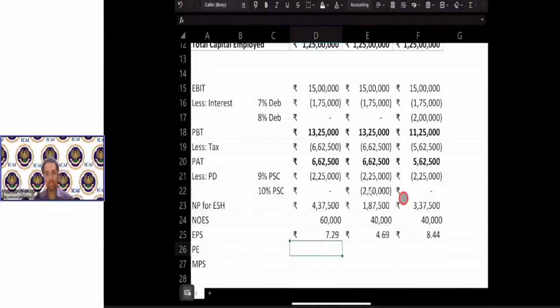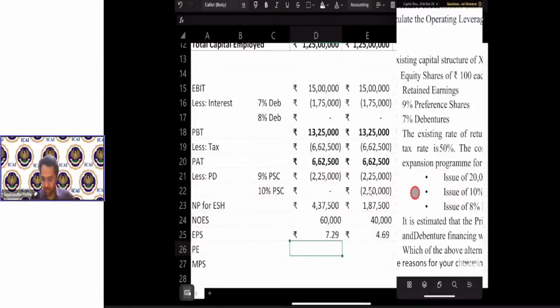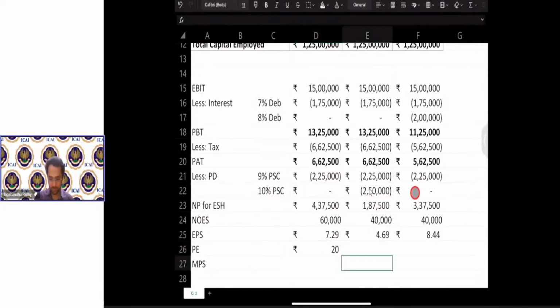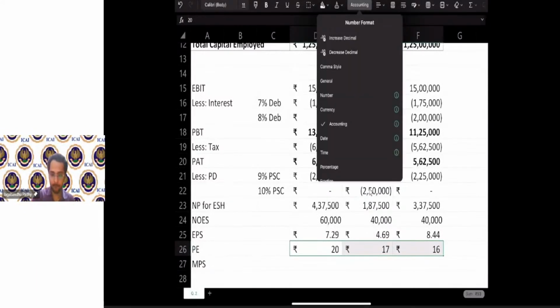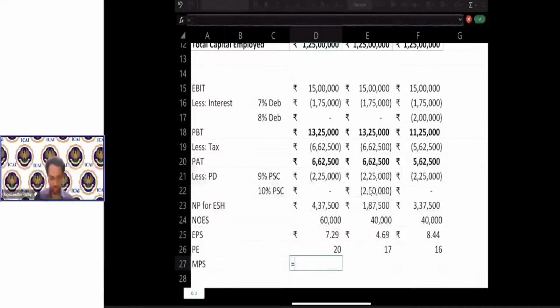But since we have been given the PE ratio, we have the information about the PE ratio. The PE ratio for the first, second, and third plan is 20, 17, and 16. So MPS is going to be the earnings per share multiplied by PE ratio.